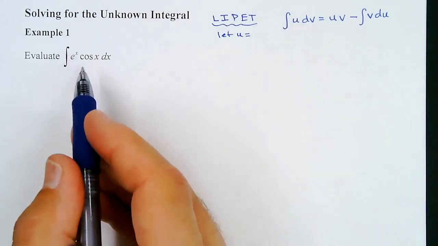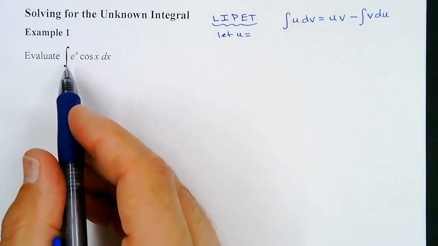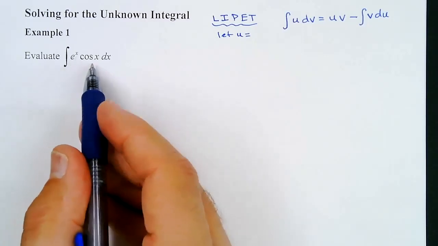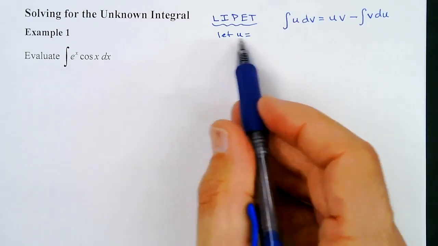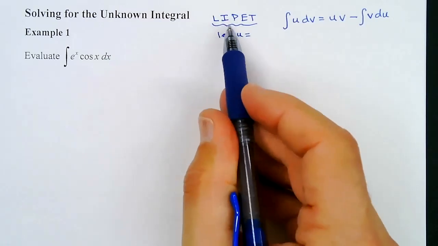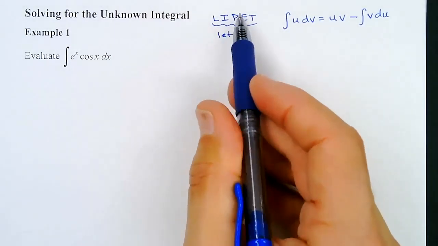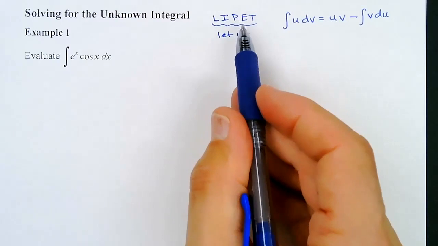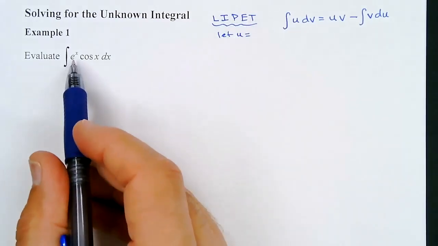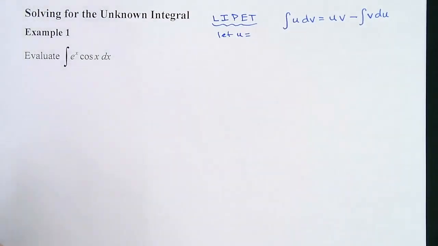So in this problem right here, we want to evaluate the integral of e to the x cosine x dx. If you follow this, we don't have any logarithms, we don't have inverse trig functions, we don't have polynomials. The first on this list is the exponential, and that's e to the x. So that's what we're going to let u equal.